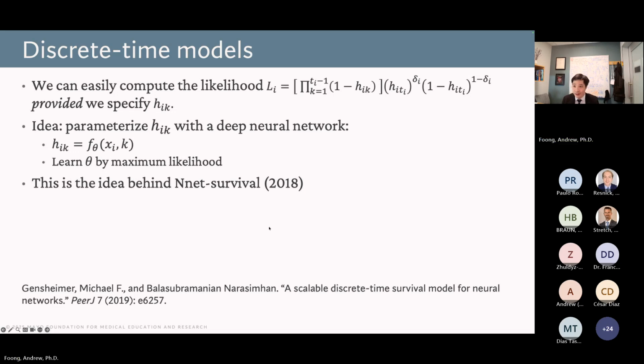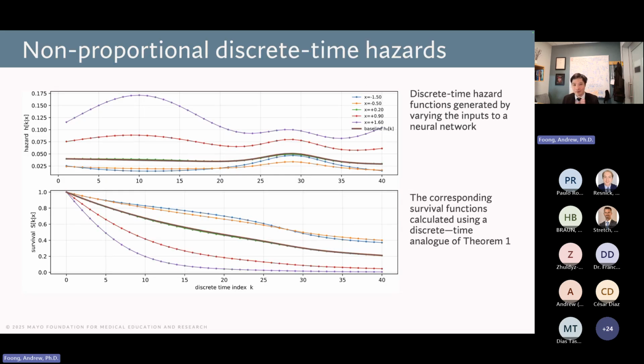So that's the last model I'm going to talk about, and just to give you a sense of what could possibly be learned in this case, I'm going to show again, on the top the hazard function, and on the bottom the survival function. But now you no longer have the proportional hazards assumption, and time is discretized.